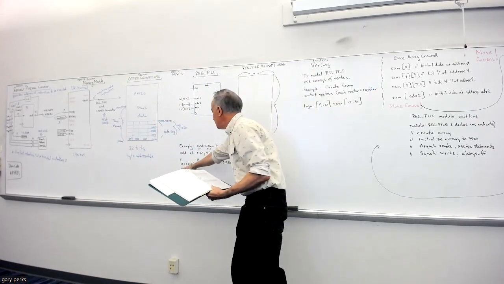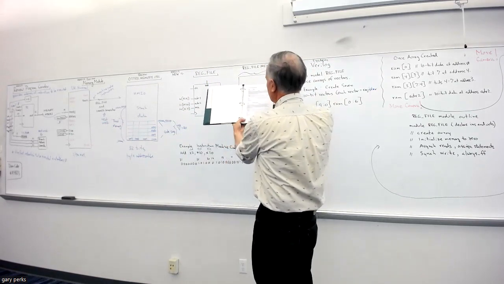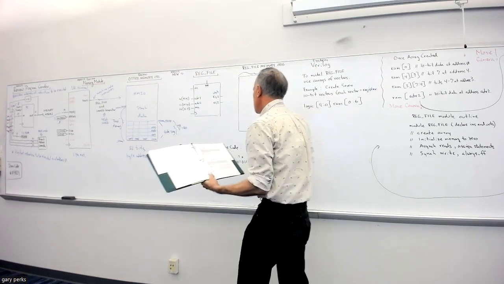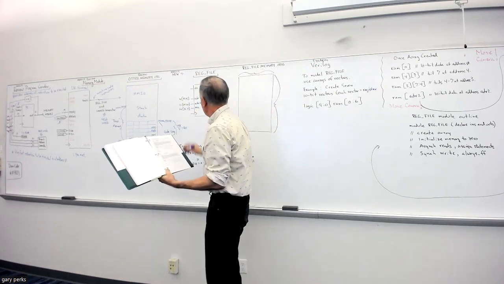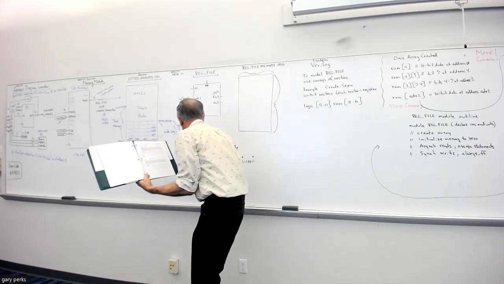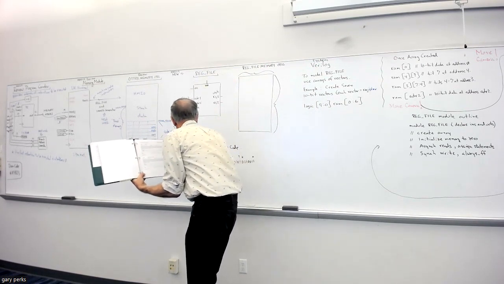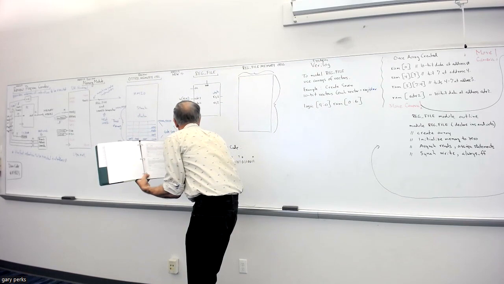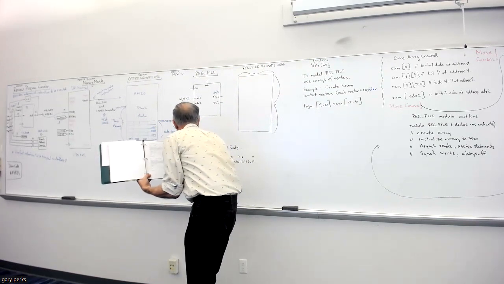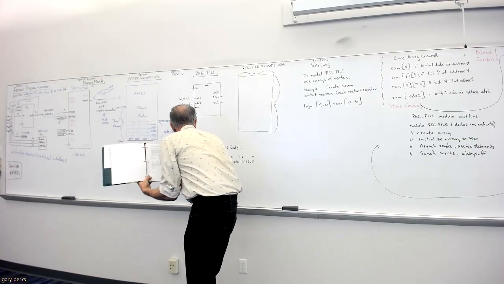Then if you look at the machine code for that instruction, bits 24 to 20, these 5 bits, are the address for RS2. Bits 19 to 15, these 5 bits, are the address for RS1.